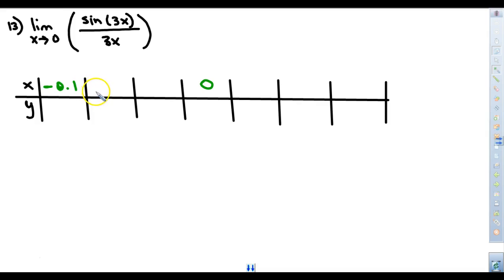Negative 0.1 gets us really close to 0, right? So I would say a negative 0.01, negative 0.001, oh, this is ugly. Same thing over here, but it's going to be positive 0.1, but a positive 0.01 gets us closer, and 0.001 gets us even closer.